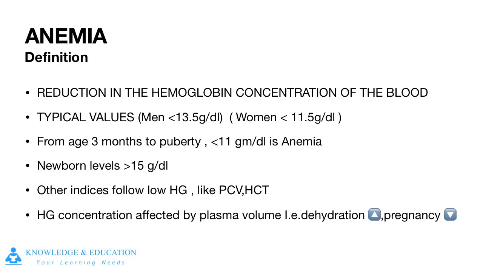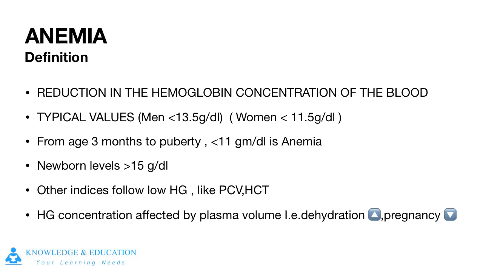There are also factors that affect the results, such as the hemoglobin concentration with the plasma volume. We do know the circulating blood in the blood vessel contains plasma and cellular cells like red blood cells, white cells, and platelets.